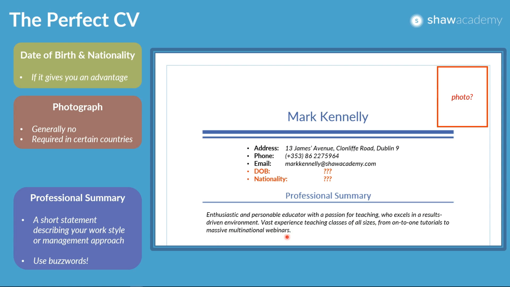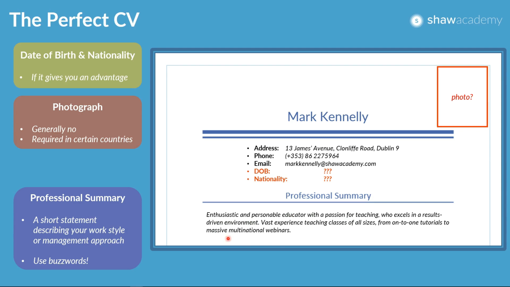These are buzzwords, okay? They catch the reader's attention. So that is tailored towards a teaching job. If you read that, you think, wow, he's enthusiastic, he's personable, he loves teaching, he has lots of experience. Okay?